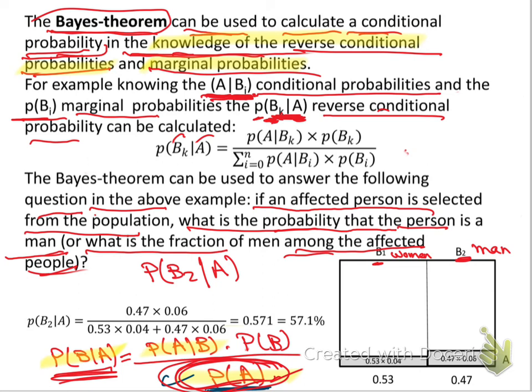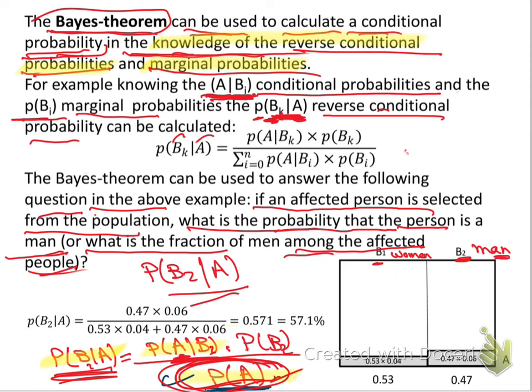I can write it the other way around. So I can say the probability of B2 given A equals the probability of A given B2 times the probability of the first one, which is B2, and divided by the probability of A. So what is the probability of A given B2? The probability that he's affected, given that he's a man.